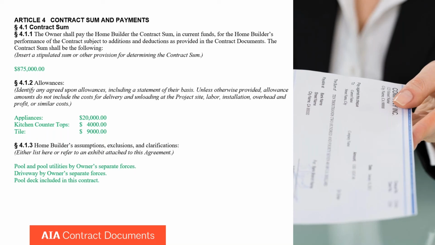In this example, the owner will provide certain things related to the pool, the driveway is provided by owner, and so on. And the pool deck is identified as included in this contract. So it's a good place to clarify anything that hasn't been previously clarified in the plans that are attached to the contract and in other parts of the contract.